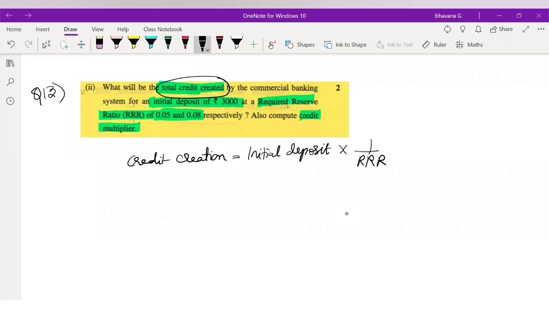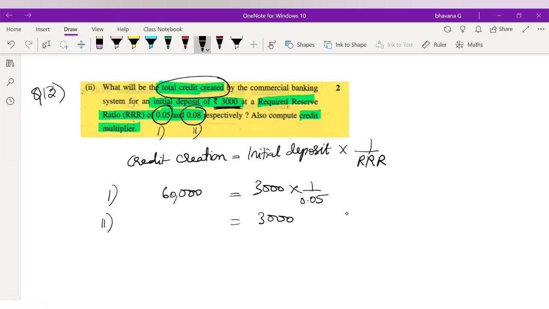Here they have told you to find total credit creation in case of two RRR. This is one RRR and this is the second RRR. So in two cases they have told you to find out. So in the first case, what will be the credit creation? What is the initial deposit? It is 3,000. So 3,000 into 1 by 0.05. So in the first case, your credit creation will be 60,000 rupees. In the second case, what will be your credit creation?